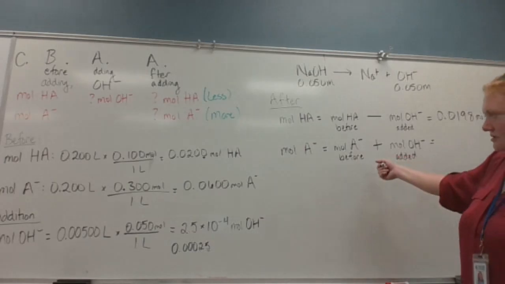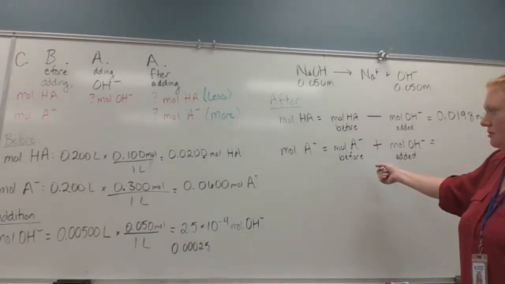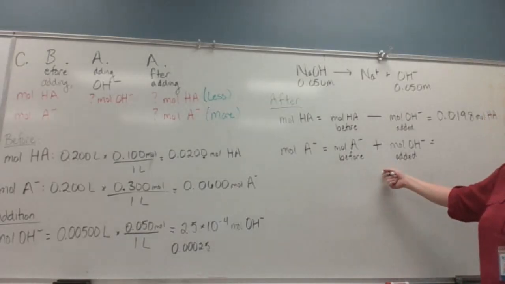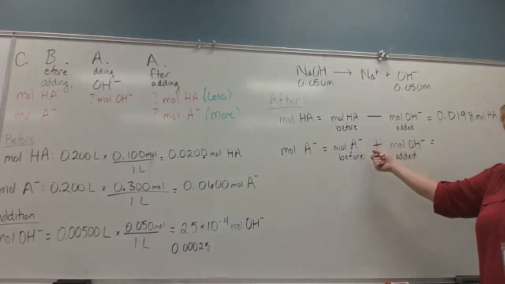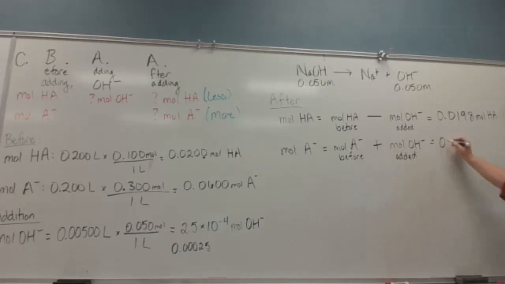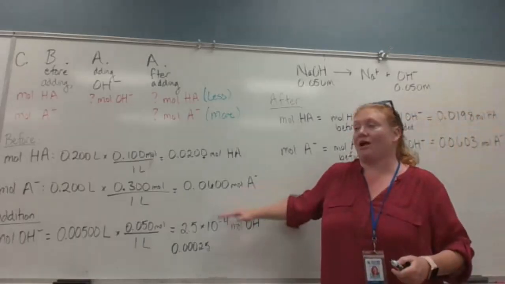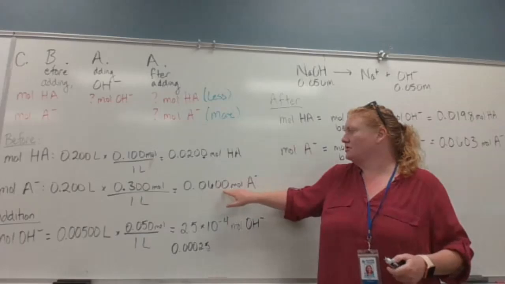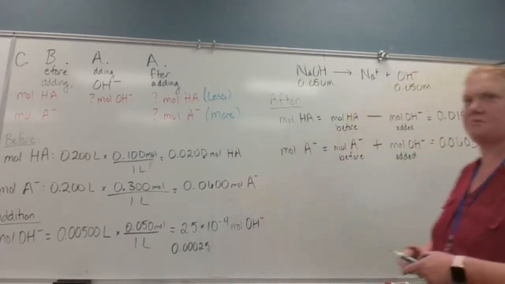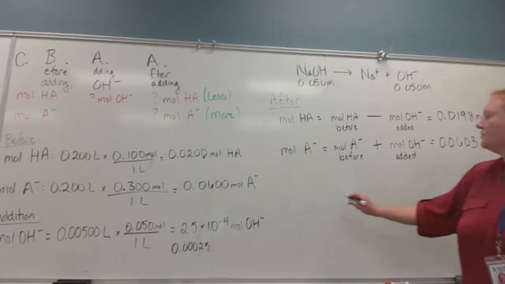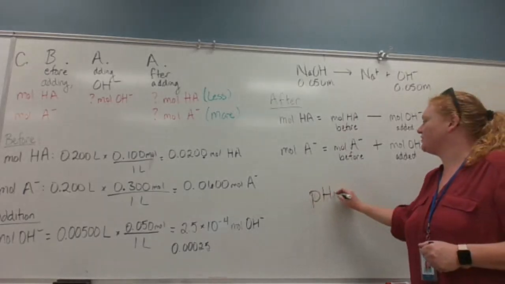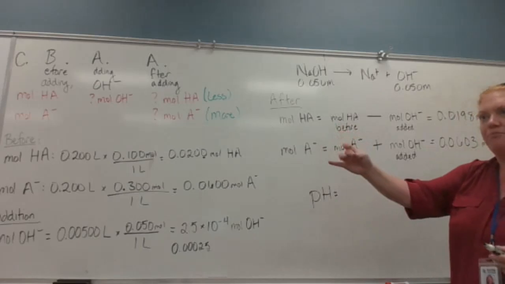And so then this one is 0.0603 moles of A minus. That's me adding these two numbers and rounding to 4 places past the decimal. Okay, so now what should be the pH of this buffer after we add this amount of base?